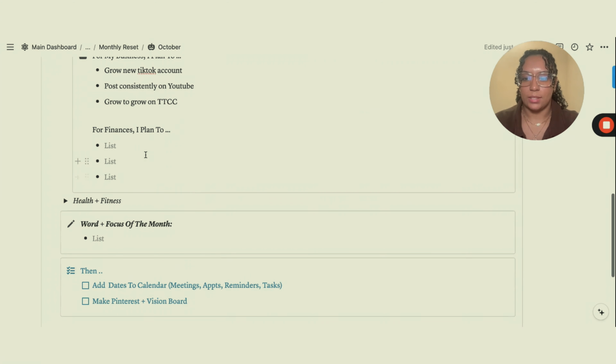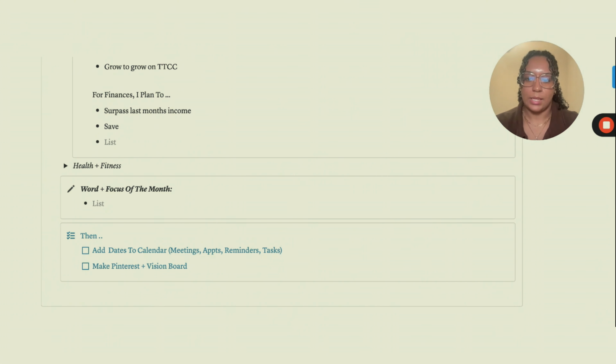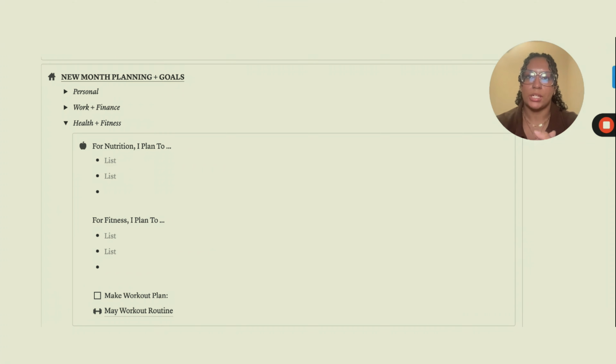For finances, let's go: surpass last month's income, save in my high yield savings account, and then last, I'm going to pay more than usual towards credit card. For nutrition, I really want to continuously make more whole foods and cook more.